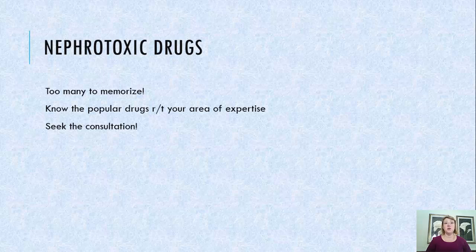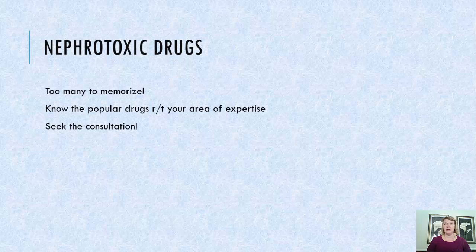What I want you to focus on are the popular drugs related to medical types of patients. I want you to look at things like ACE inhibitors, antibiotics and antifungals such as gentamicin, amphotericin B, and vancomycin, which is one of the most popular antibiotics given to patients going through hemodialysis or any type of dialysis.